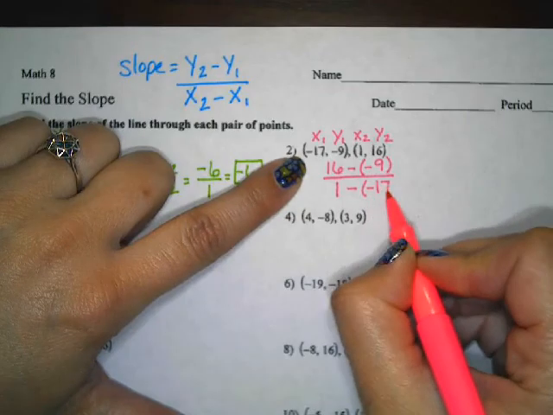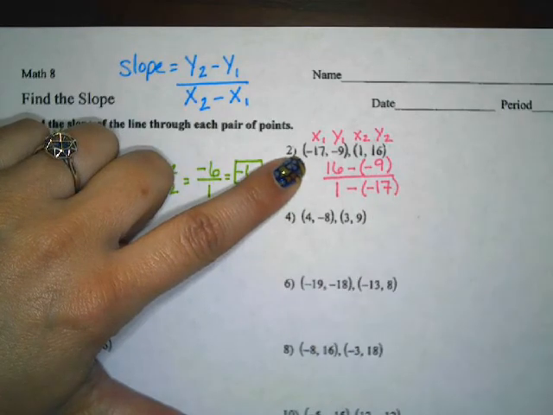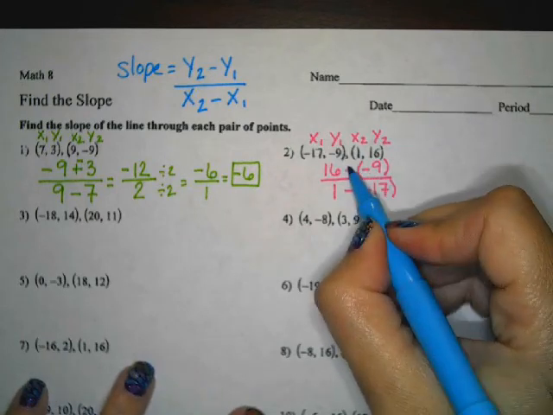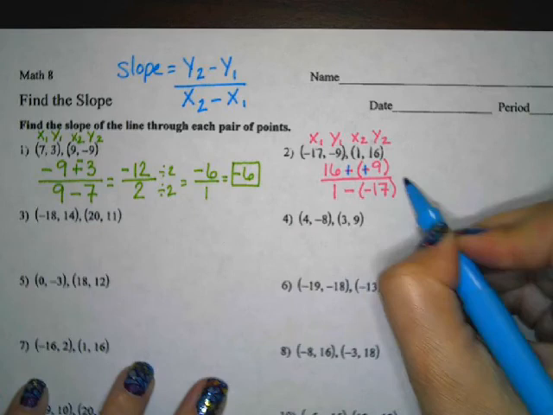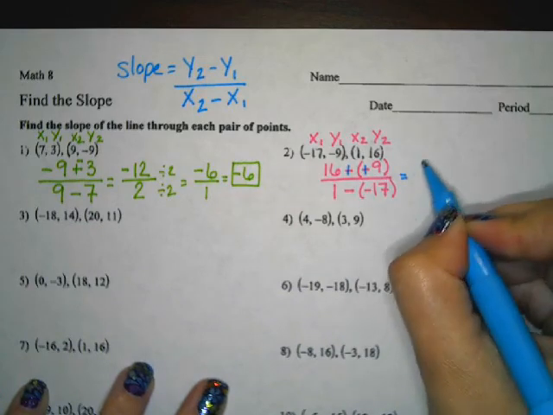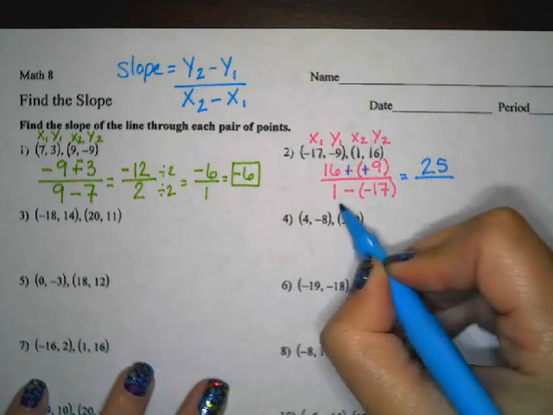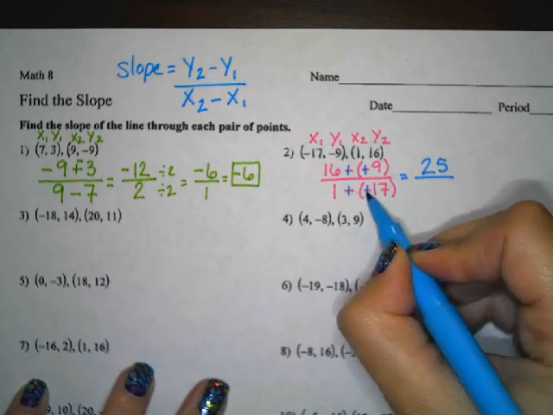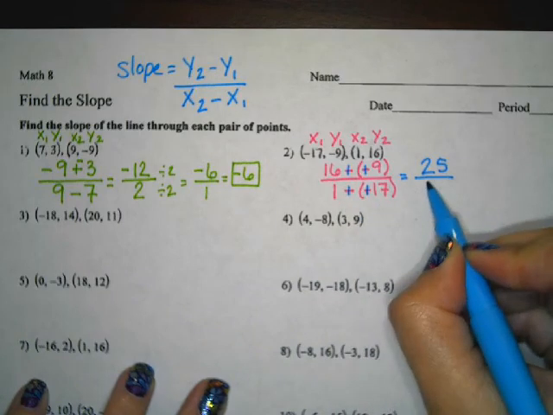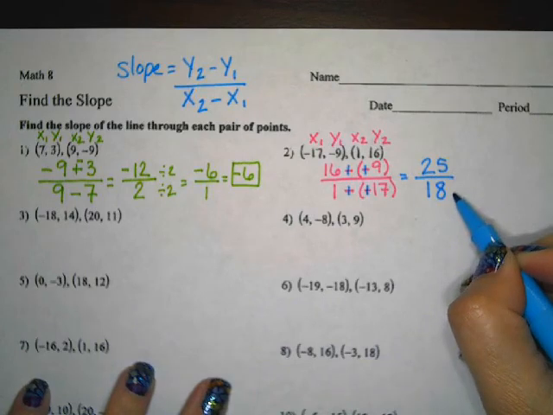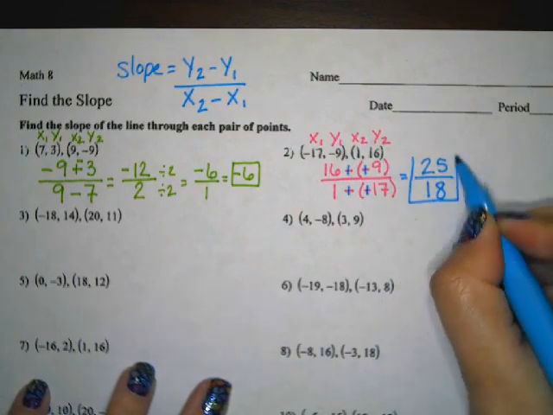Again, I'm going to put it in parentheses so I can keep those 2 signs separate. Now I can start solving. Remember that when you subtract a negative, you are adding the opposite. So that becomes 2 positive numbers and I get 25. 16 plus 9 is 25. Same thing here, I add the opposite and I get 1 plus 17 is 18. Now I don't have any numbers that go into both 25 and 18, so that is going to be my answer.